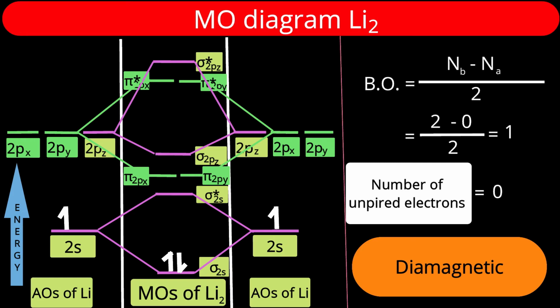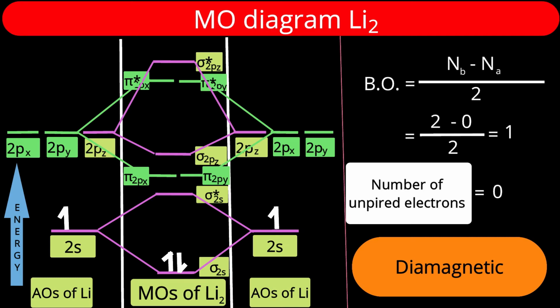The main reason for that is the interaction between the sigma 2Pz and the sigma 2s, as well as the interaction between sigma star 2s and sigma star 2Pz. To make this concept clear, you can go through one other video, making sense of the MO diagram for the nitrogen molecule.